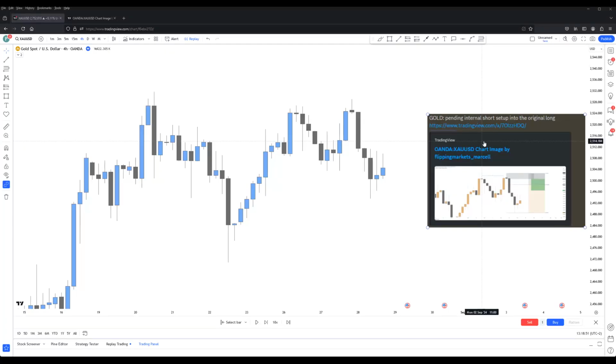So if I personally execute a trade, I'm sending it out for the Academy members, and everyone can execute the exact same trade with me. So that's the power of the Flipping Markets Academy. Executing every single trade together, learning, winning, earning, losing, doing everything together as a real community with a real mentor.